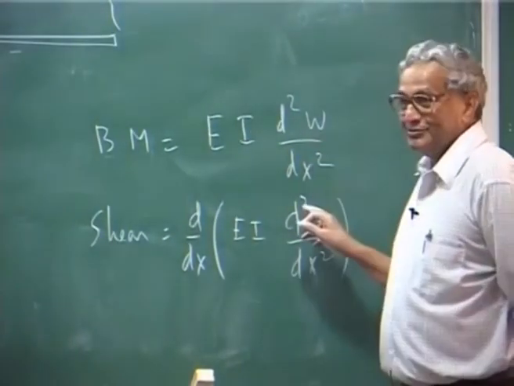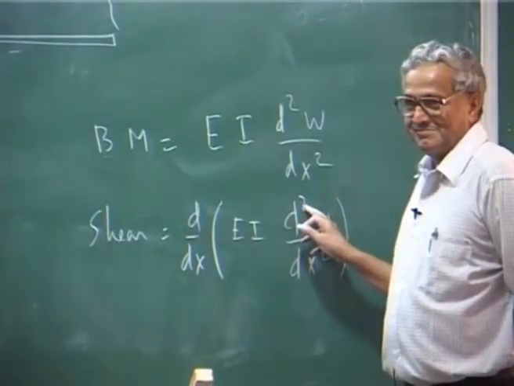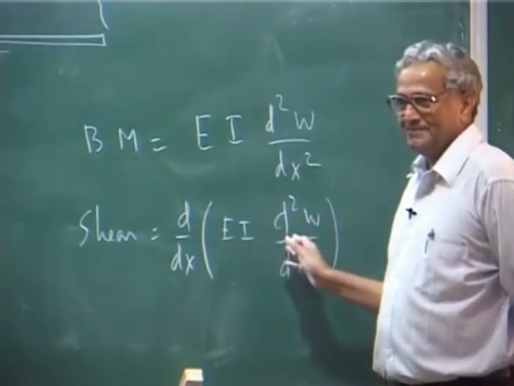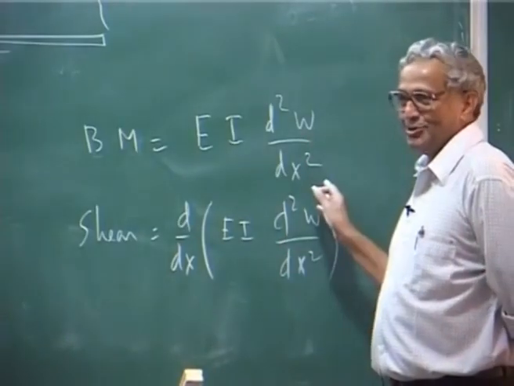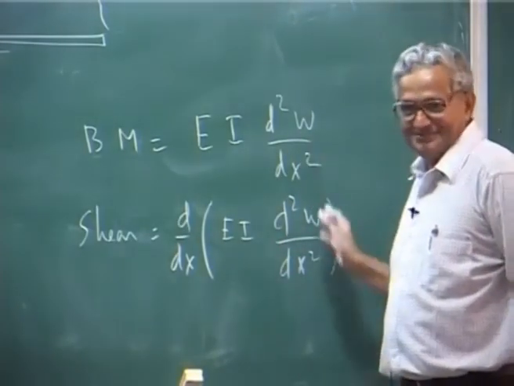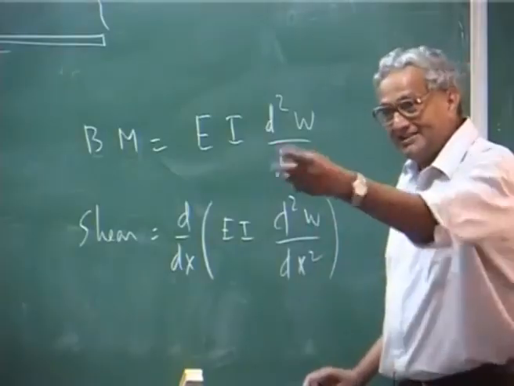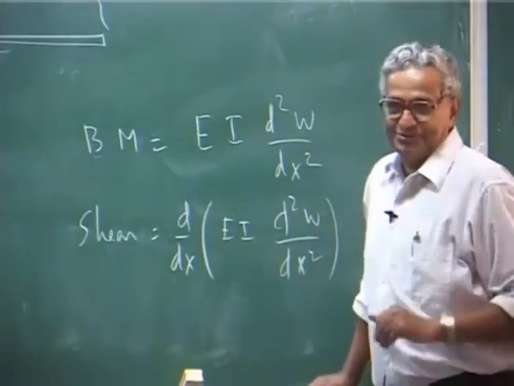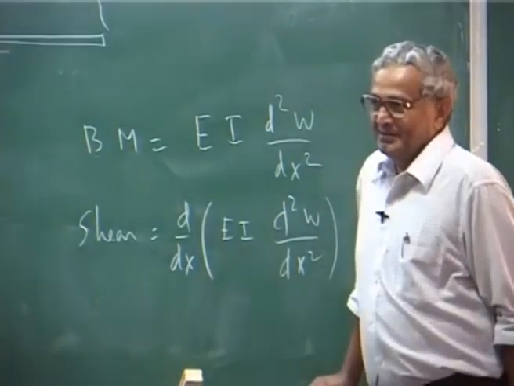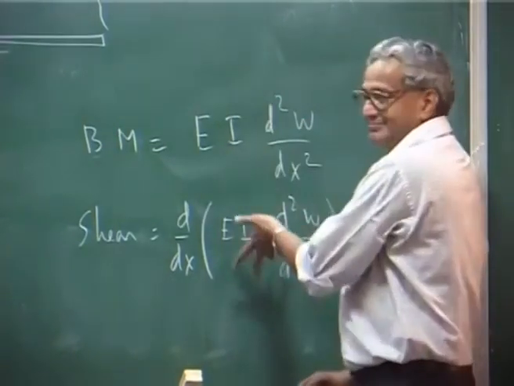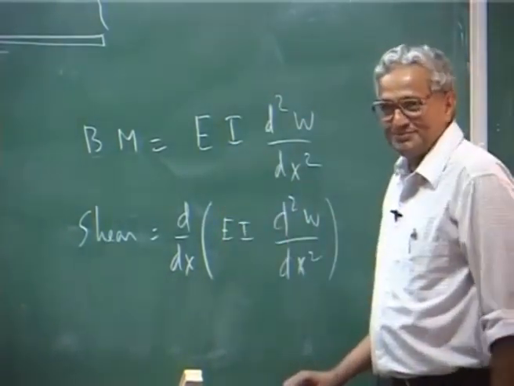Now, if you know W, you can get this also at any location. You take the slope, you take the moment, whatever. So, this is another way. That means you solve for W, you solve the deformation. After that, put it.